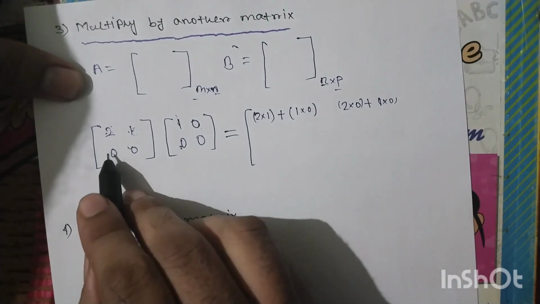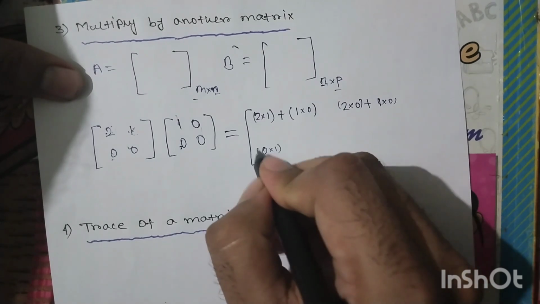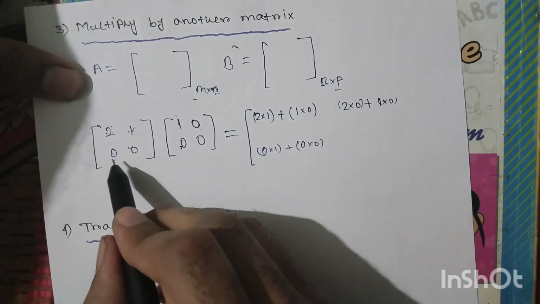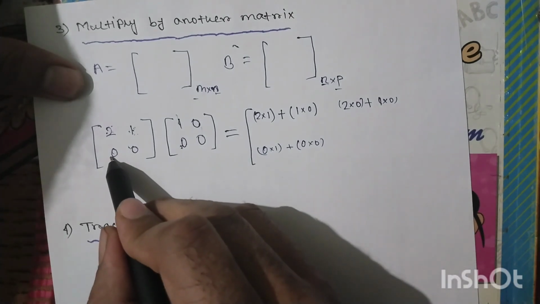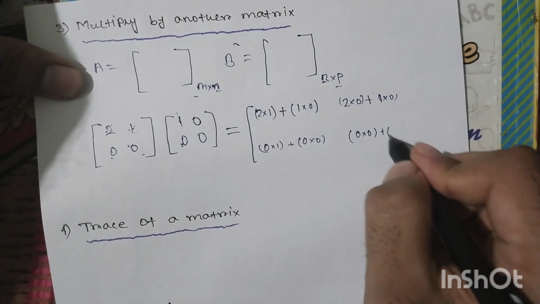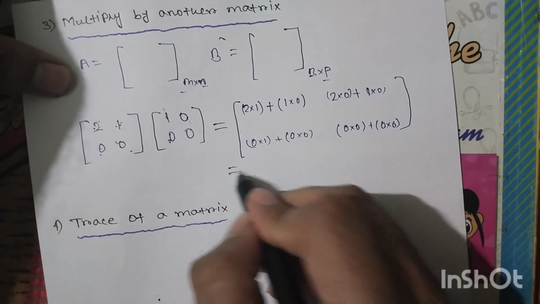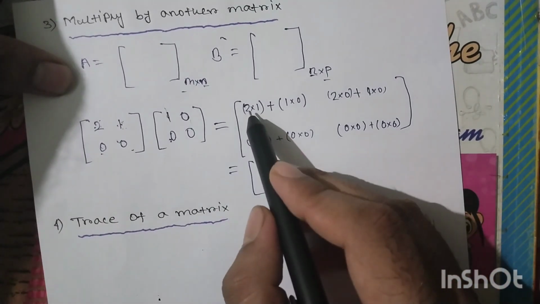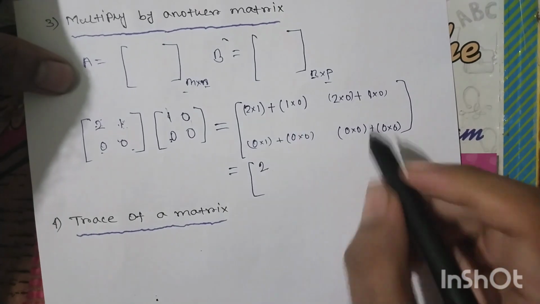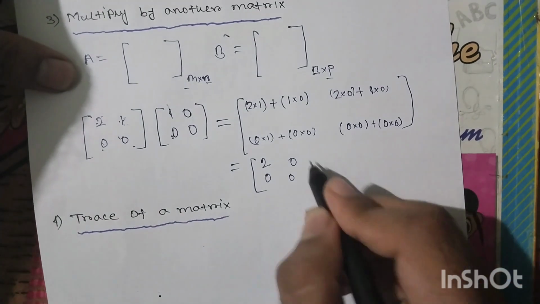Similarly, for this row with this column, 0 into 1 plus 0 into 0. The fourth term is 0 into 0 plus 0 into 0. So the final matrix comes from 2 into 1, 1 into 0, which is 0, 2 with 0, this also 0, this also 0.